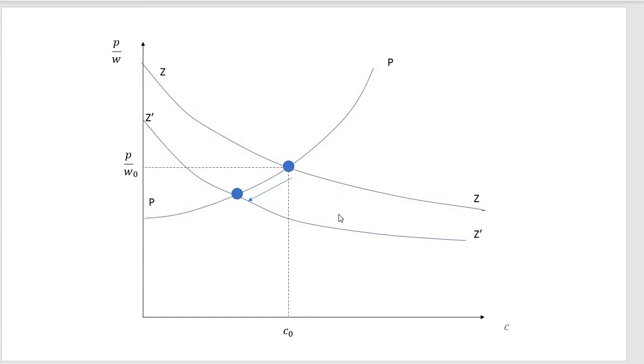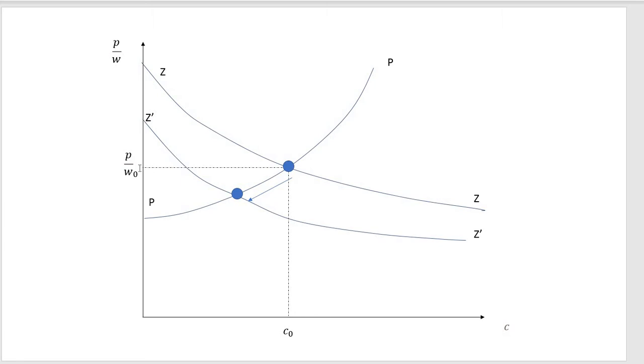So, getting back, with the new ZZ curve, we have a new equilibrium price to wage ratio. Basically, the price to wage ratio will be smaller under the new ZZ curve, resulting from the increase in the stock of labor force. As you remember, price to wage ratio is simply inverted real wage, calculated as wage to price ratio.